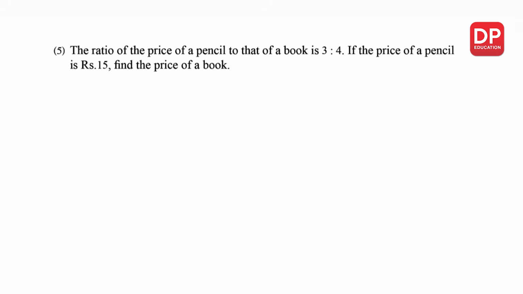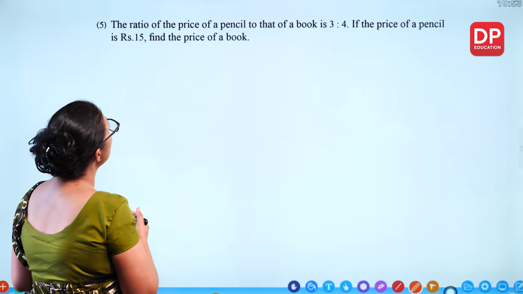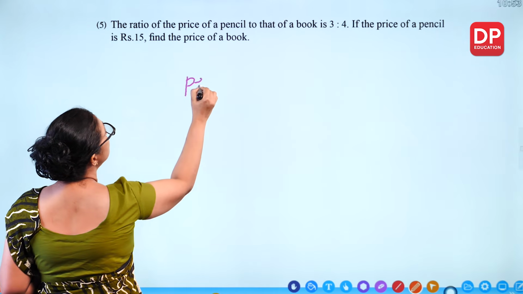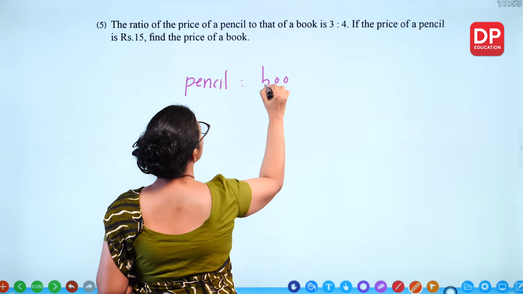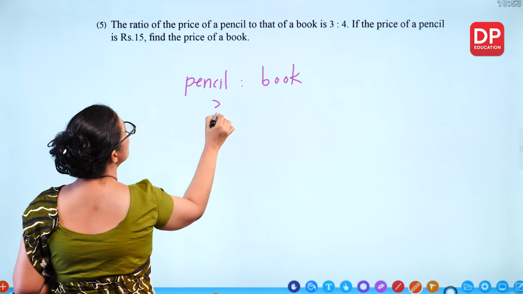Question number 5. The ratio of the price of a pencil to that of a book is 3 to 4. If the price of a pencil is 15, find the price of a book. So what's the ratio? Pencil to book, 3 to 4.